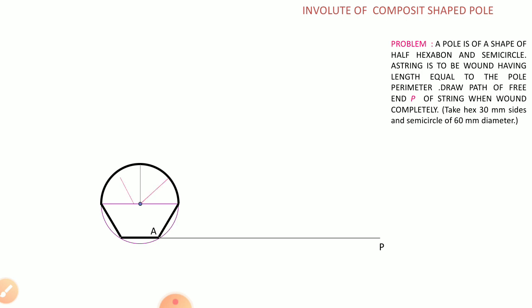Now we divide the semicircle into 4 parts and name the points 1 2 3 4 5, and the remaining part is for the hexagon. Now we divide the perimeter into equal parts as we have divided, so that will be half of the semicircle and the remaining will be for the hexagonal length.